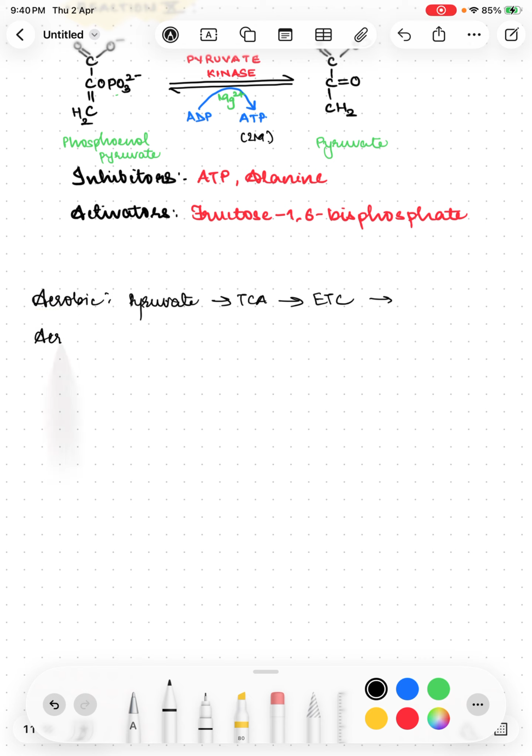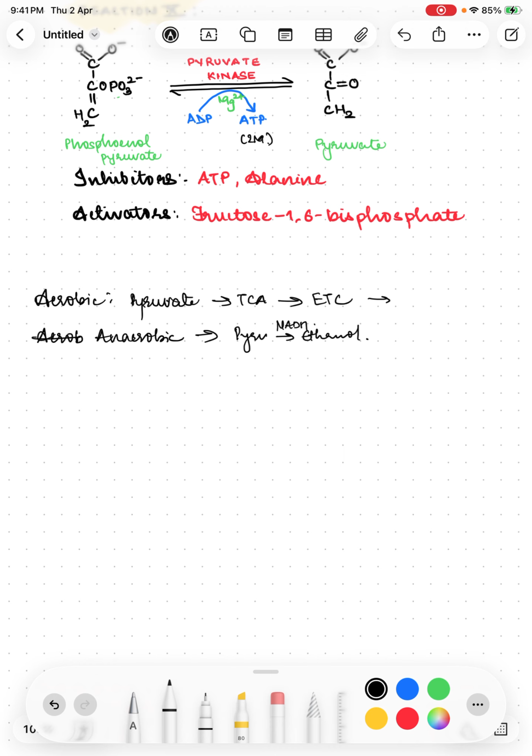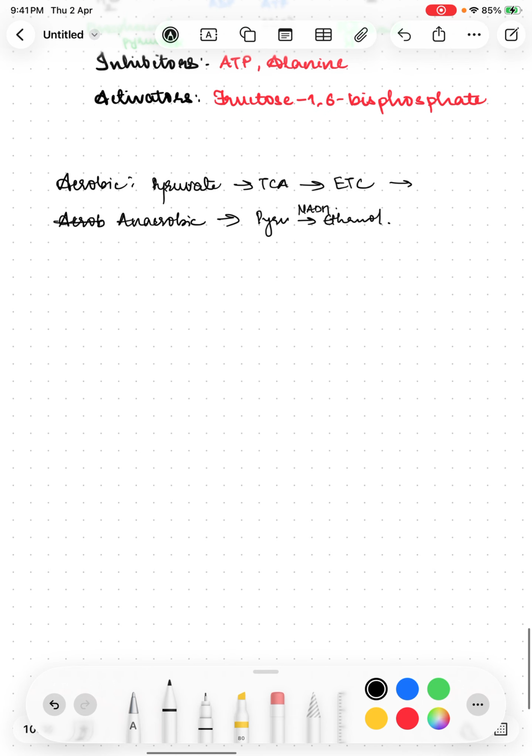But when oxygen is absent, this pyruvate gets converted either into ethanol or lactate, and during this reaction NADH is utilized. We will see this in the fate of pyruvate. I'll post one more video on that, so you will get each and every reaction in detail, what happens with the pyruvate.